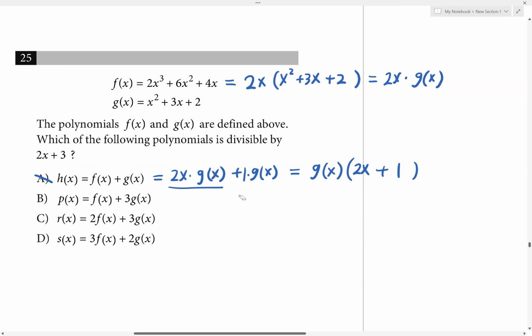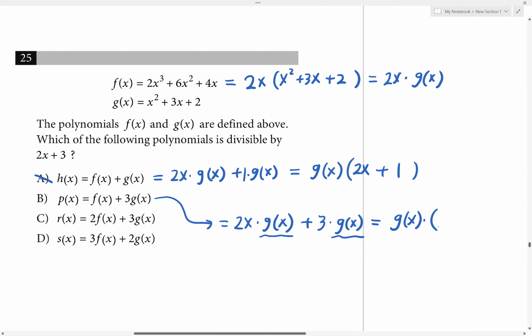You can do the same method for letter B. I'll just bring it over here. Okay, letter B, we have f of x, and f of x is 2x times g of x, we said, plus 3 times g of x. Similar to the last one, we can factor out a g of x function. That's a common factor, so we can pull it in front.